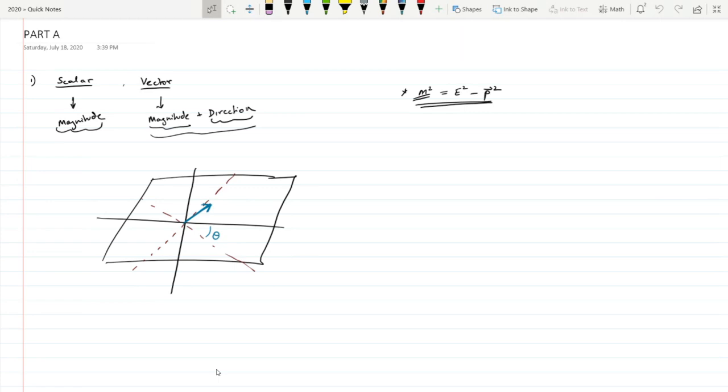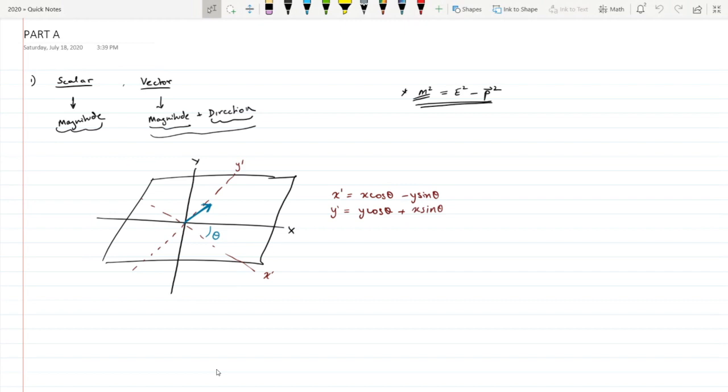The proof of this is particularly simple. If I label my old coordinates by x and y, and I label the new coordinates as x prime and y prime, the new coordinates can be written in terms of the old ones in this form. x prime is x cos theta minus y sine theta. y prime is y cos theta plus x sine theta.